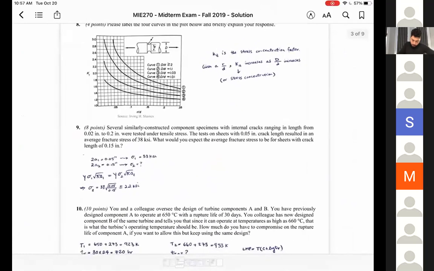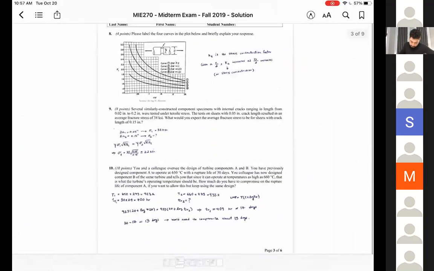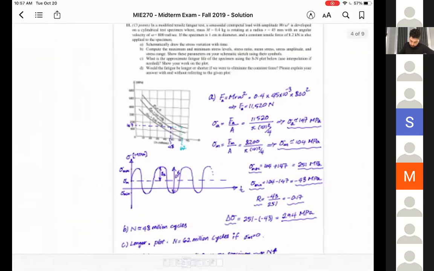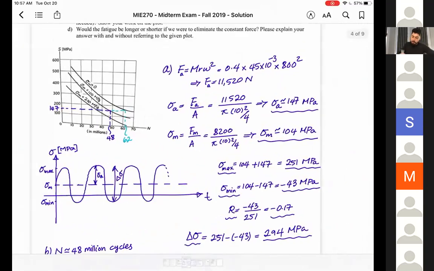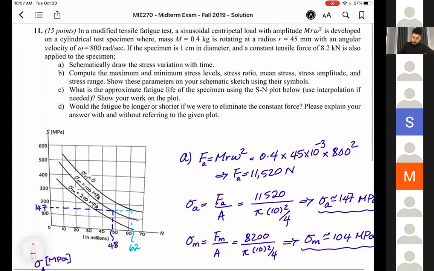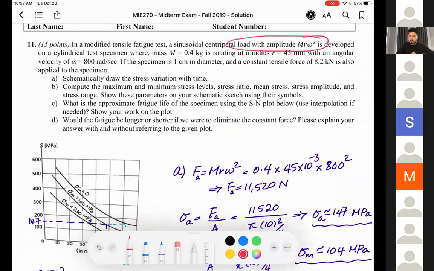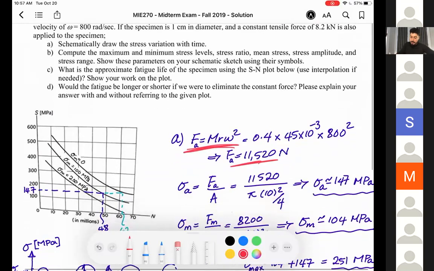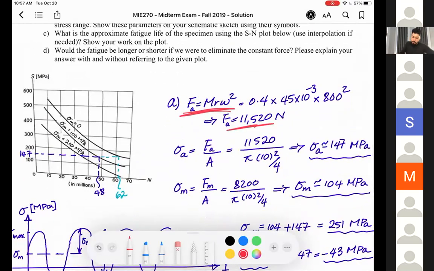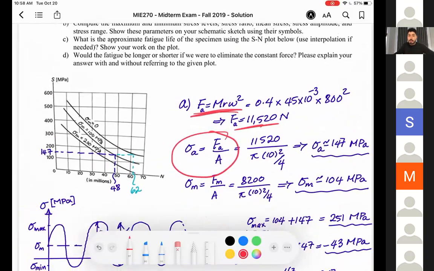Another trick question was this one. I was saying last week, the force amplitude is modeled by a particular equation. So if the force amplitude is modeled by an equation, we can substitute our values and get a force amplitude. And once we have a force amplitude, we can use stress equals force over area to get our stress amplitude.